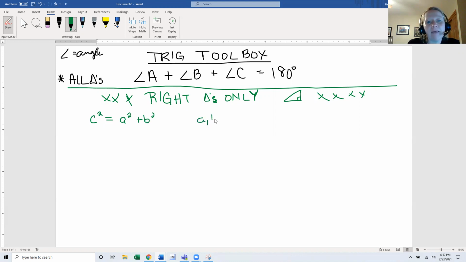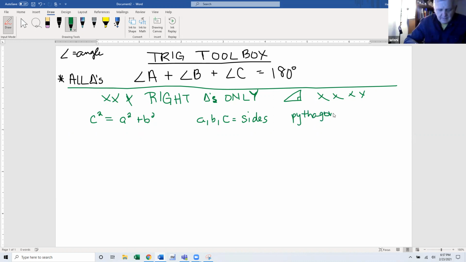A, B, and C are sides. These represent sides of a triangle. So I'll draw a big one here in a second. And this is called Pythagorean. So if you remember Pythagorean from like high school geometry class, this is the Pythagorean theorem.